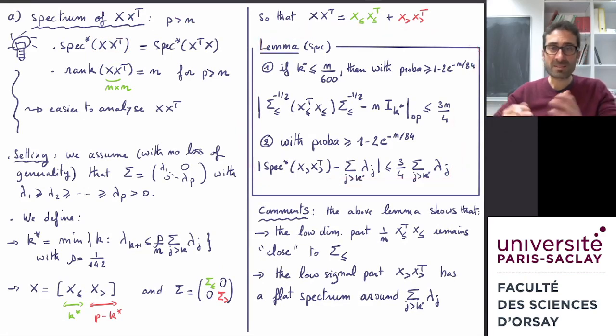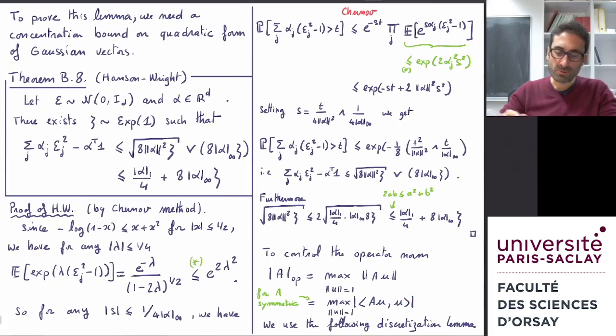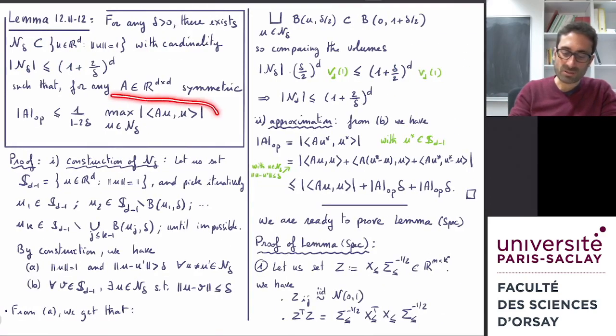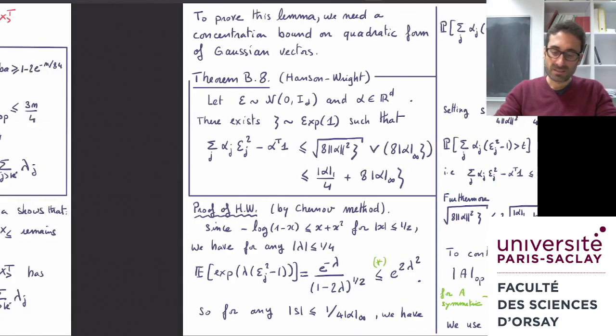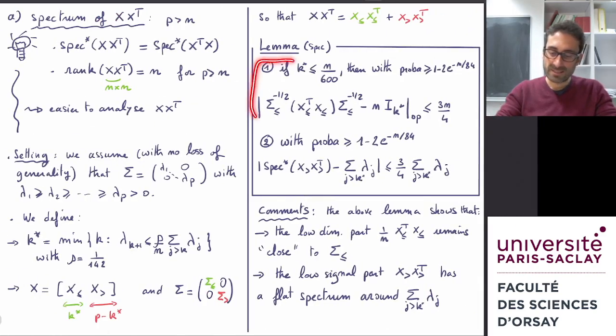In order to prove this lemma, we have proved two preliminary results. The first one is the Hanson-Wright inequality that we will use, and the second one is this approximation result that will be very convenient in order to analyze the spectrum. So let us start by proving this part, the low dimensional part of the lemma.